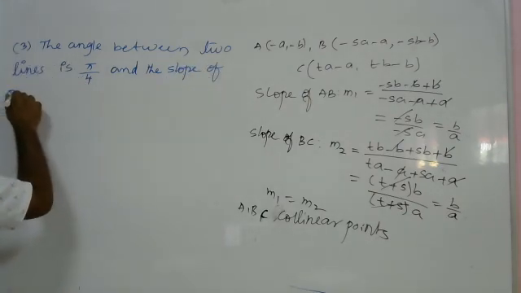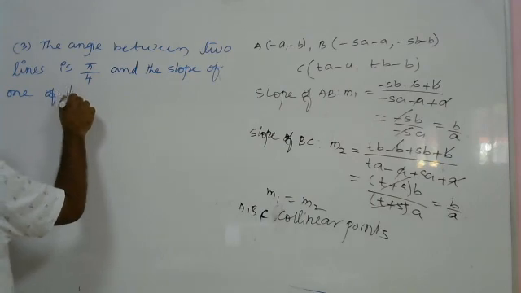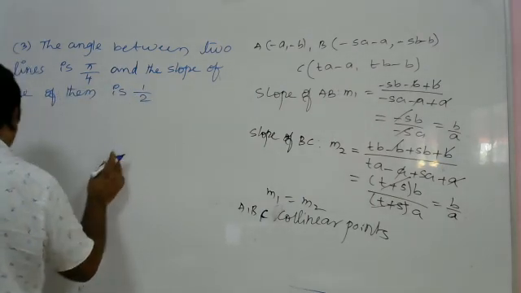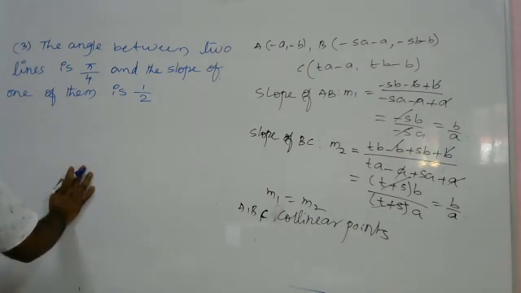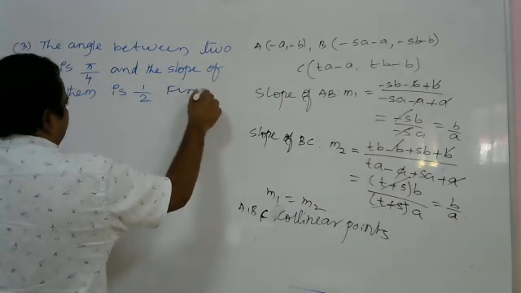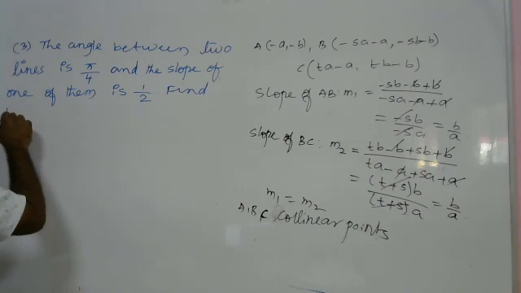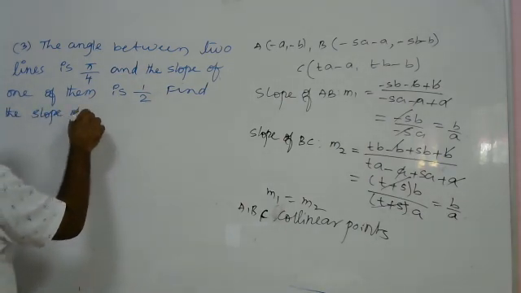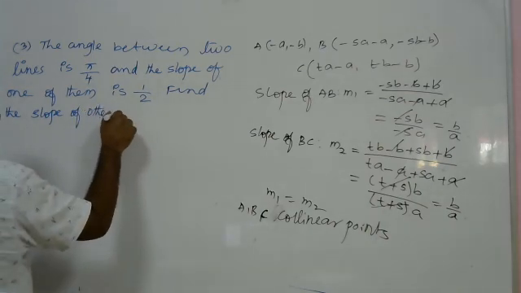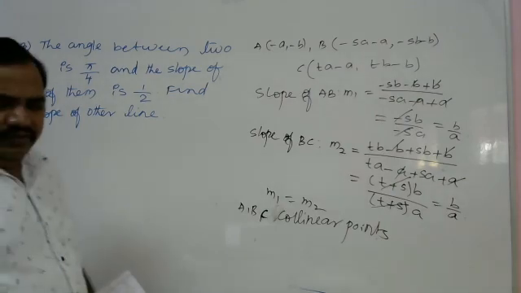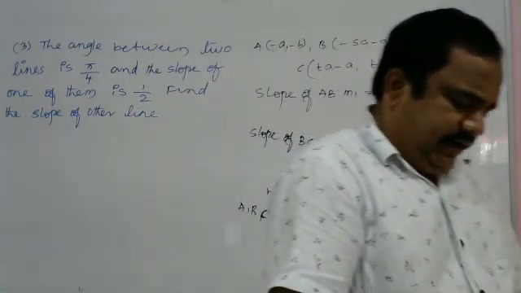Find the slope of the other line. So you can use the tan theta formula directly.